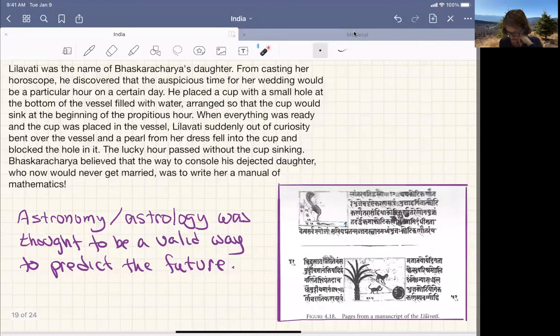And so over here, this picture is pages from the manuscript of the Lilavati. In general, it was believed that astronomy and astrology was a valid way of predicting the future.